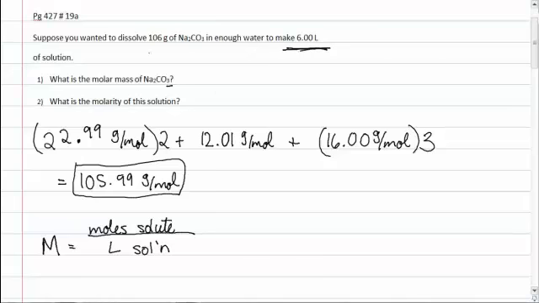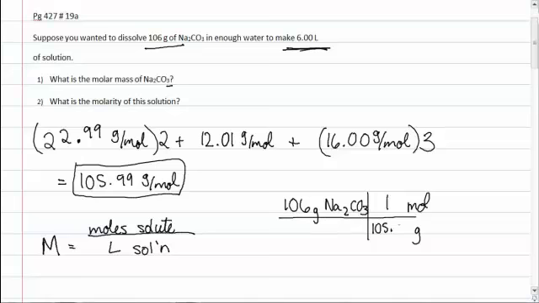So we start with the mass of the solute given, 106 grams of sodium carbonate. And we convert it to moles by using our molar mass, grams per 1 mole. And we decided in this last part that grams per mole is 105.99 grams of sodium carbonate per 1 mole. So that comes out to be about 1.00 mole sodium carbonate.